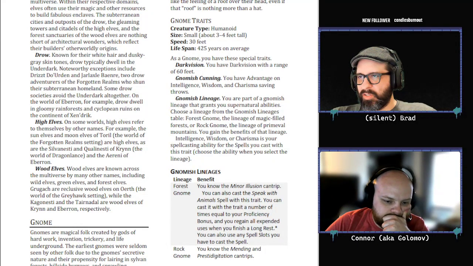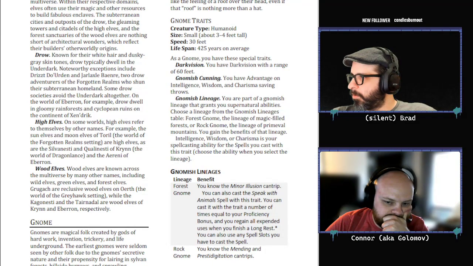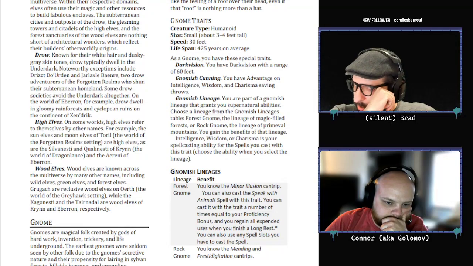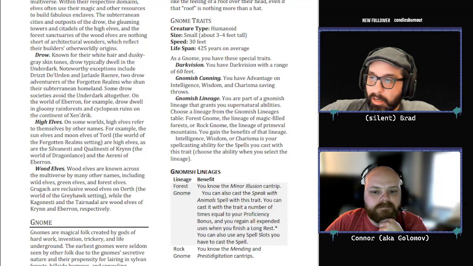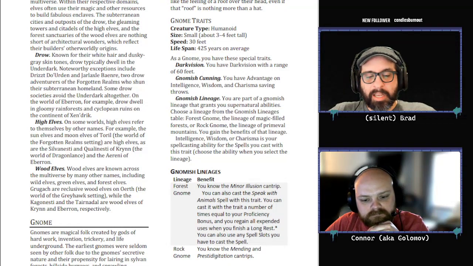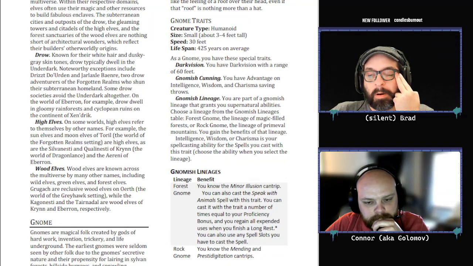Speed is 30 feet, which I believe is faster. I'm pretty sure that Iggy only goes 25. Yes, so they increased that. I think everyone's going to be default 30 going forward. That makes sense, so they can all keep up with one another.